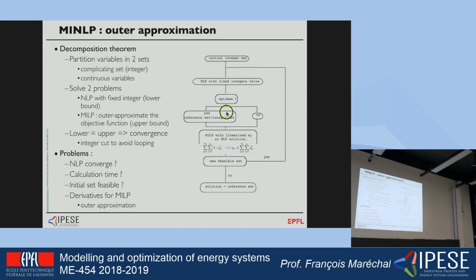Something important is that at a certain time, the mixed integer linear programming problem with these constraints will stop finding solutions. It will say, okay, I have no more integer sets to propose to you. In this case, I will have converged and solved the mixed integer nonlinear programming problem.